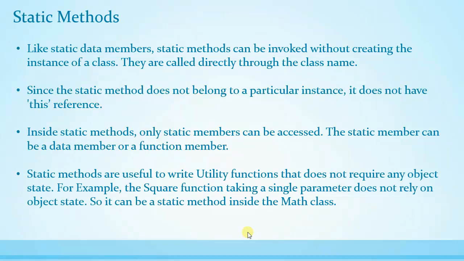Static methods are useful for writing utility functions. Utility functions do not require any object state. For example, let us say this function is called square, and it takes a parameter int x.